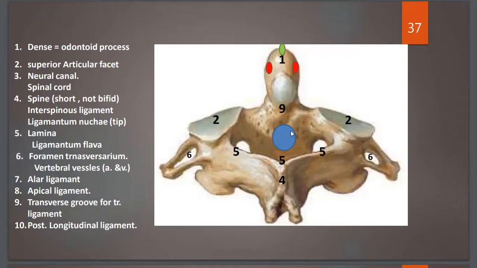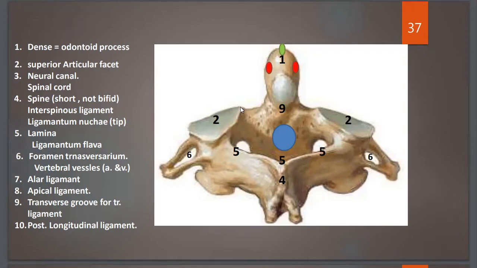This blue area is for posterior longitudinal ligament. Rest all are labeled here. Pause the video and try to learn the things.